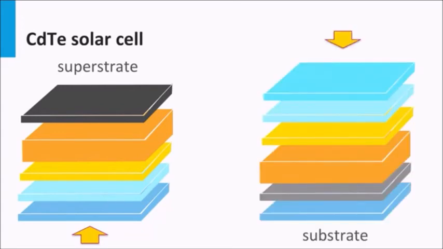In a substrate configuration, either the substrate acts like a back contact or the back contact is deposited on the substrate. Consequently, no light will pass through the substrate. The light enters through a TCO layer deposited on top of the N-type cadmium sulfide layer. Compare this to, for instance, the thin film silicon we discussed earlier. A PIN junction is considered a superstrate configuration, whereas an NIP junction is a substrate configuration.